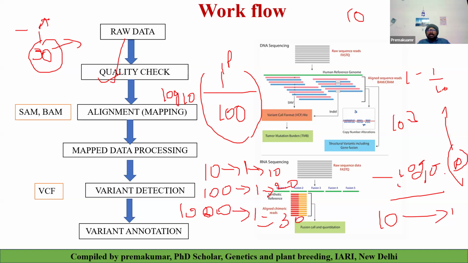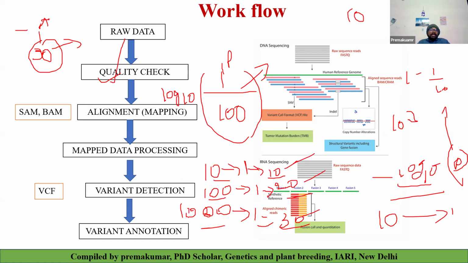The formula is minus 10 log p, where p is your probability of occurrence of error. Just remember a simple trick: 1 0 is 10, 2 0 is 20, 3 0 is 30. Definitely this is asked many times in the exam. This is called Phred score 10, 20, 30.